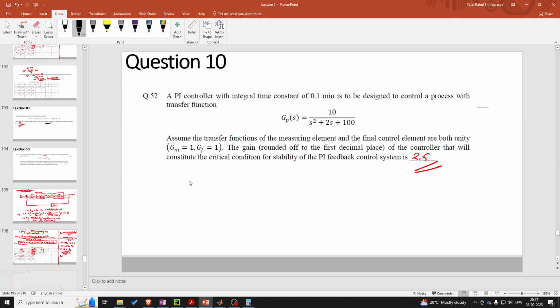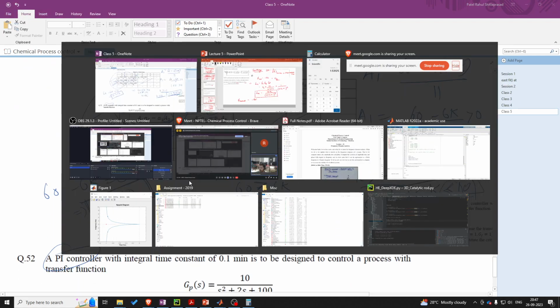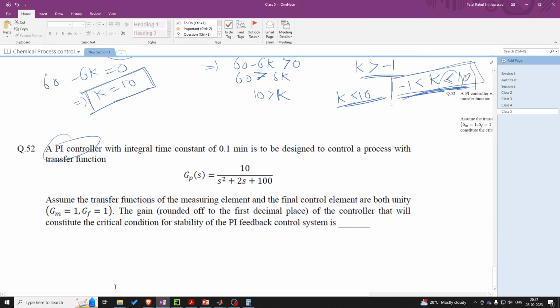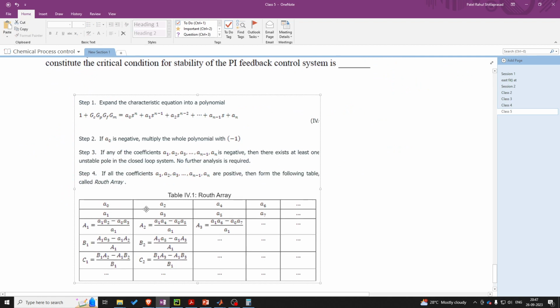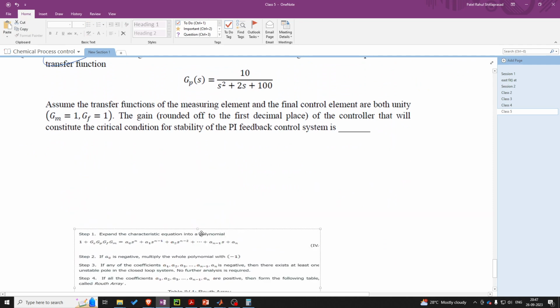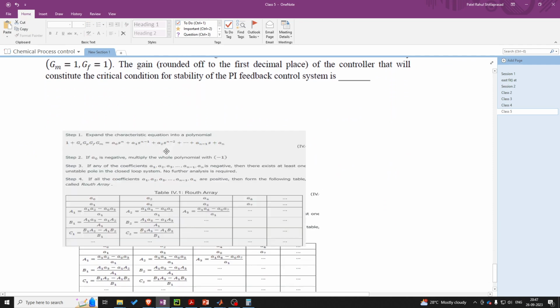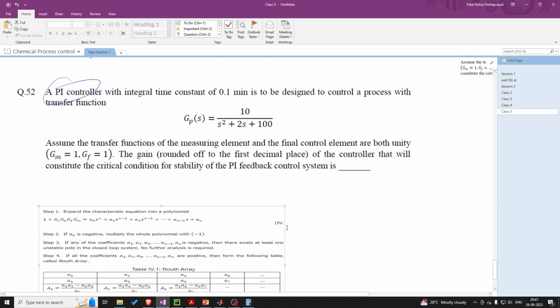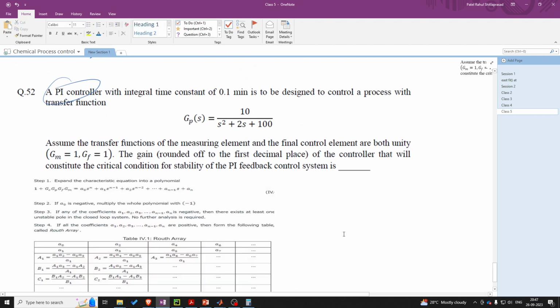So I'm just copy pasting it. Okay, so you can try solving this question. We will discuss it in a couple of minutes, at around 8:50.